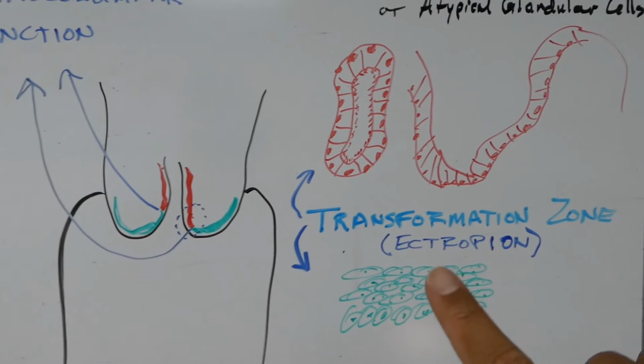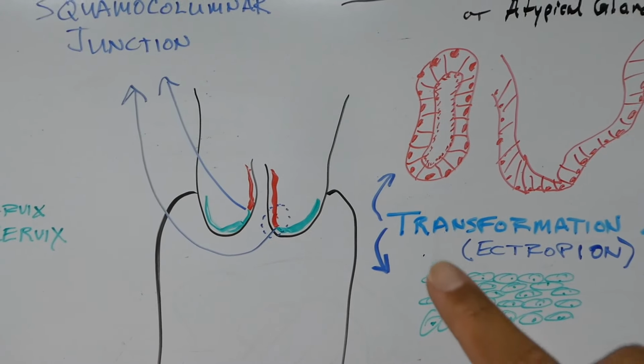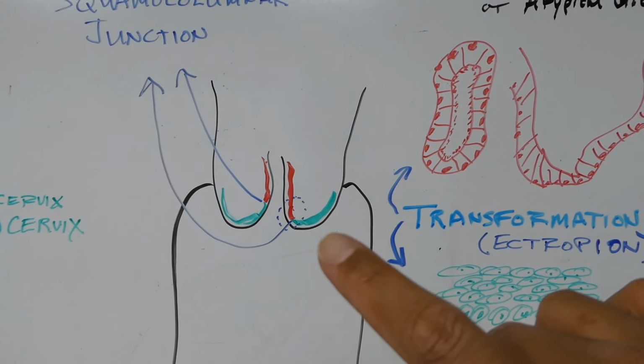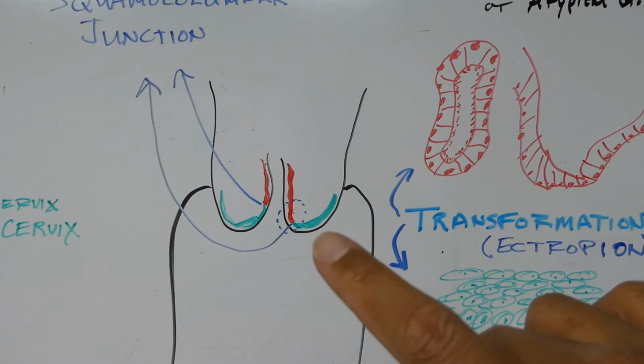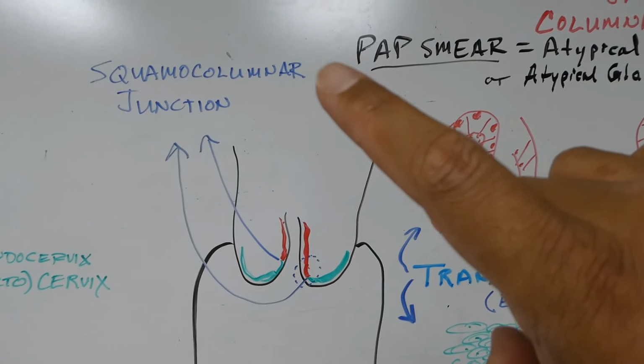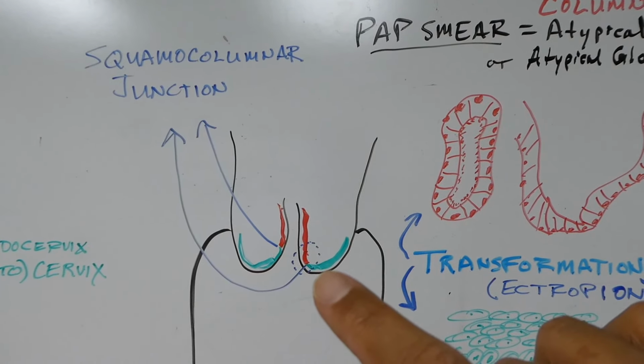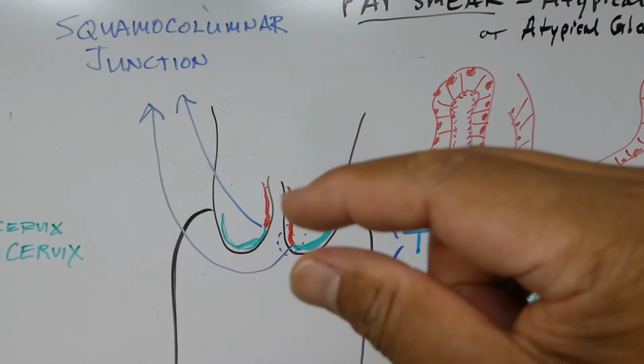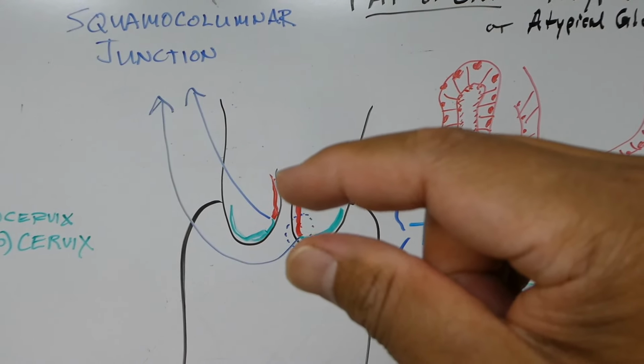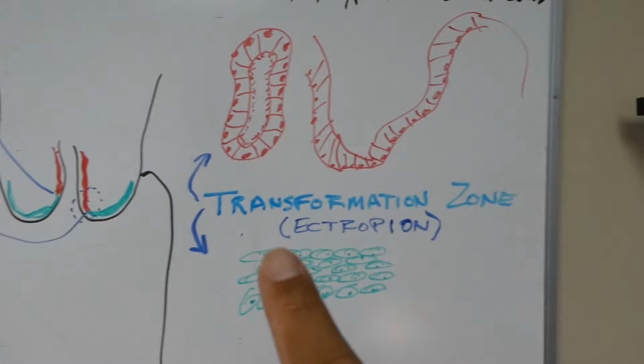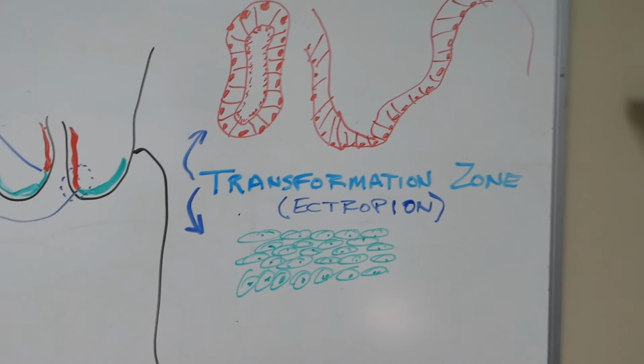Clinically, this is termed ectropion, where the endocervix migrates out and creates a new squamocolumnar junction that's farther out. Now, that area in between there is also histologically referred to as the transformation zone.